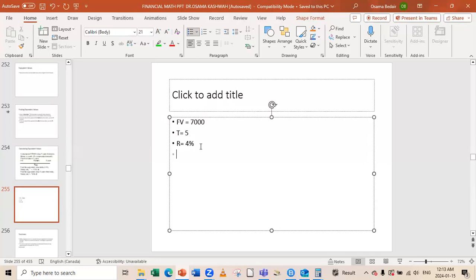Okay, so I know that the future value will equal the present value multiplied by (1 plus R) to the power T. So that's how it is.